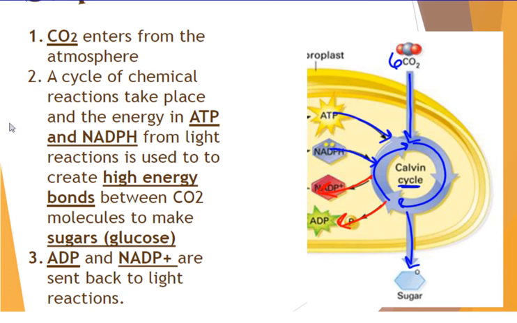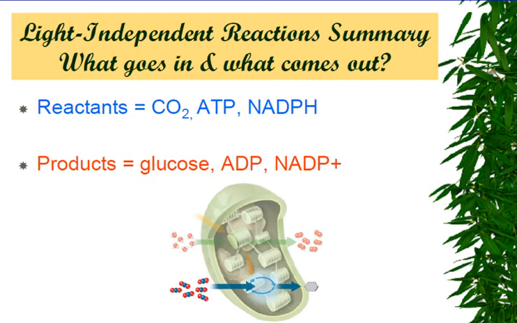Light reaction builds the energy, sends the energy to the Calvin cycle. Calvin cycle builds the sugar, sends the lower energy forms back. So just another look at it. The big thing here is CO2, specifically 6 of them, becoming glucose, and glucose is C6H12O6.